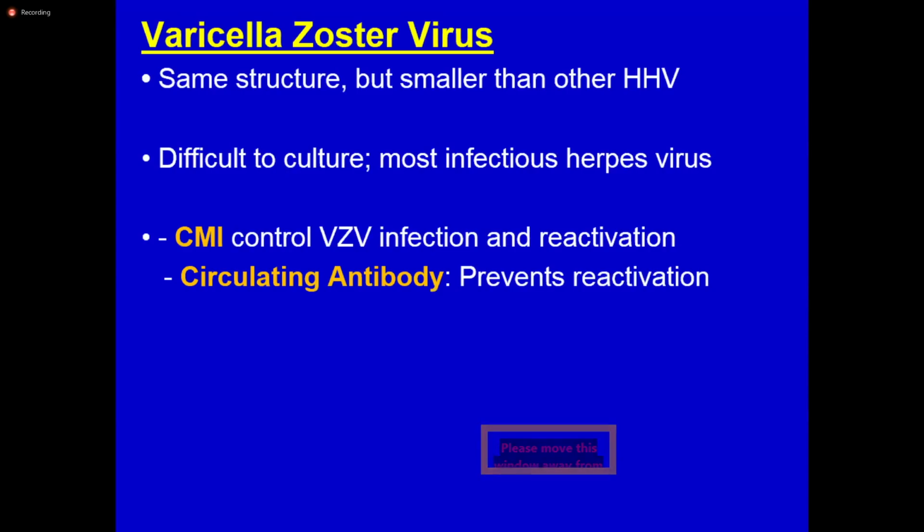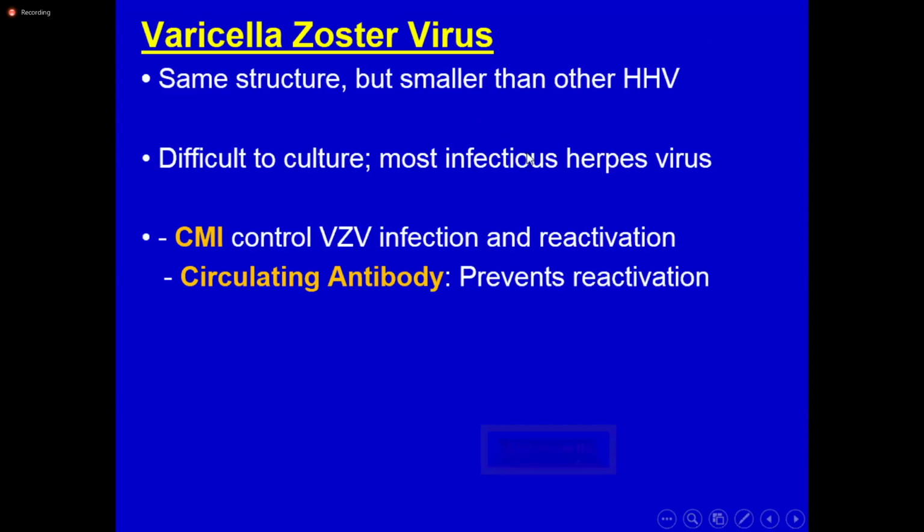Varicella zoster. We said varicella is the chicken pox and the zoster is the shingles. They have the same structure because it is the same virus. The child is infected with varicella, and in elderly people, usually when immunity decreases, the disease recurs as zoster. This type of virus is the smallest virus among herpes viruses. Difficult to culture, so we don't use culture for these viruses.